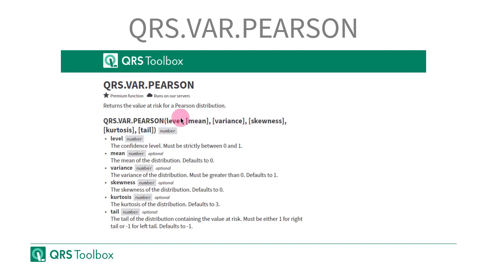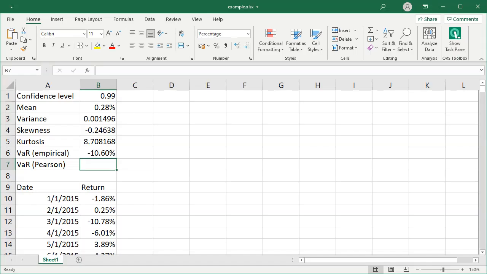The first parameter is the confidence level, followed by the mean, variance, skewness, and kurtosis. The final parameter is an optional parameter called tail. It determines whether to calculate VAR in the left tail or right tail, as mentioned earlier in this video. Now, let's see it in action.